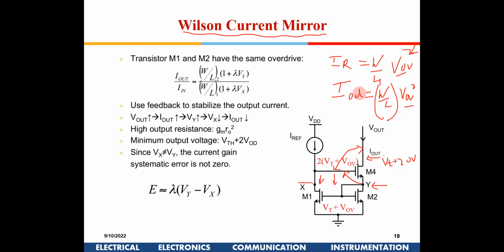So these are constant, but W by L also will be different. Between M1 and M2, the overdrive voltages are the same, because gate to source voltage is the same and threshold voltage is the same, so overdrive voltage also will be the same. But the currents are different because the W by L's are different. So this could be 10 times the current which is flowing here. Is this okay with all of you till here?